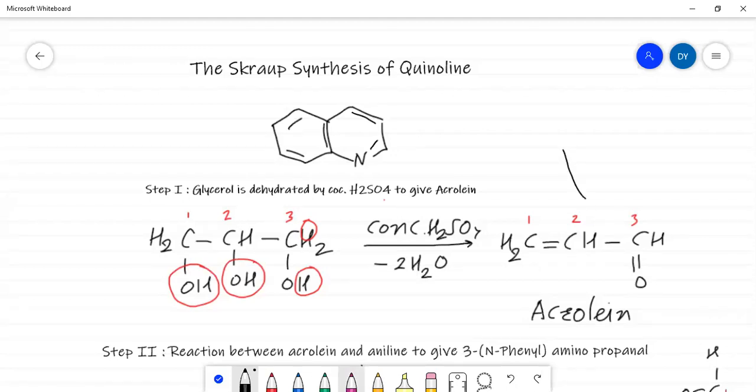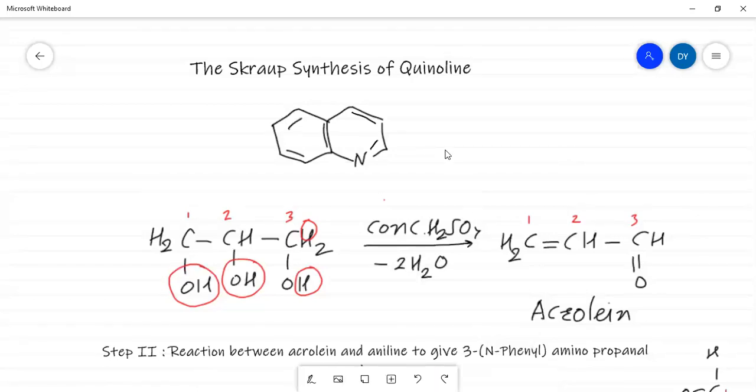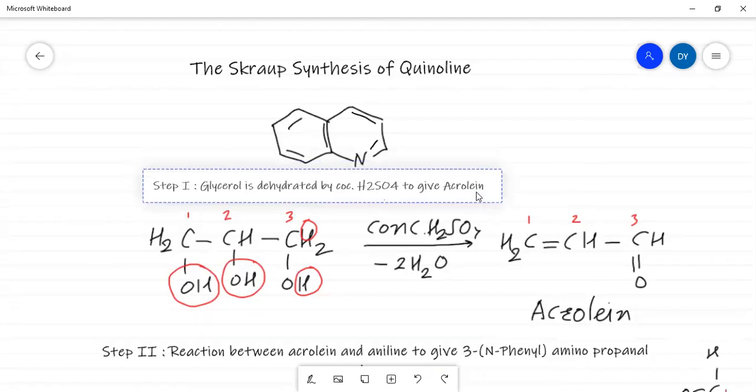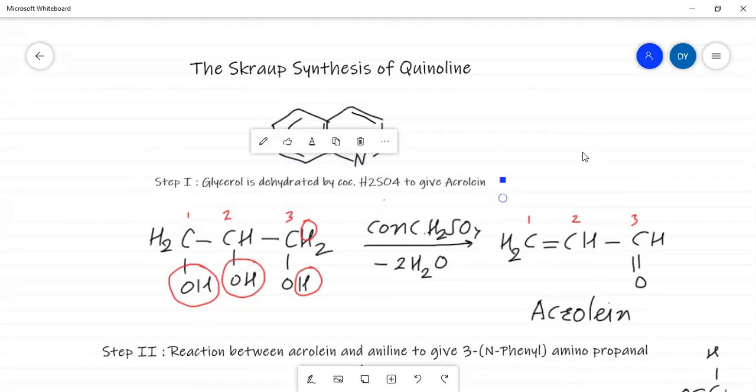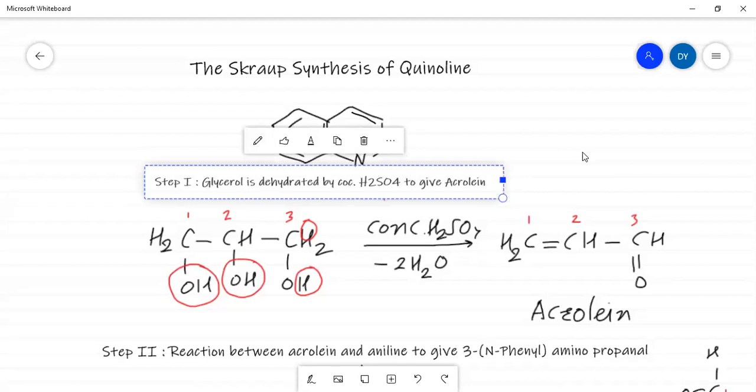Step number 1: glycerol is dehydrated by concentrated sulfuric acid to give acrolein. So glycerol reacts with concentrated sulfuric acid. Sulfuric acid is used as a dehydrating agent to form acrolein, where 2 molecules of water are removed.